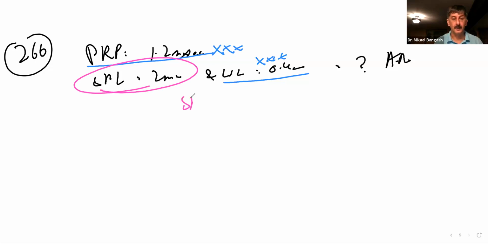If our SPL, or spatial pulse length, is 2 millimeters, then the axial resolution's numerical value is going to be what? These 2 millimeters divided by 2, which becomes 1 millimeter.